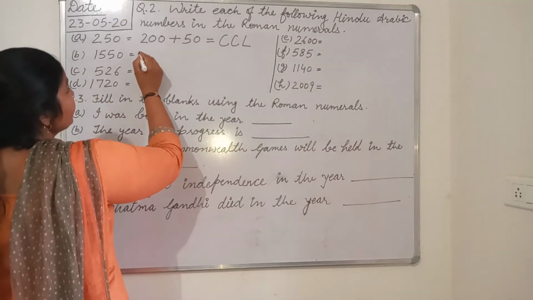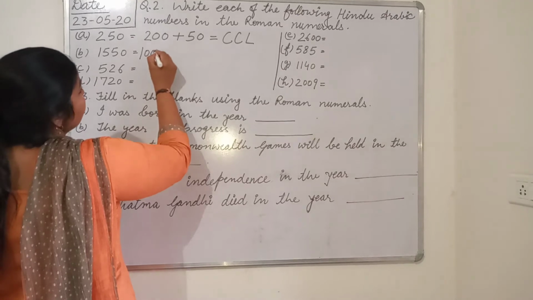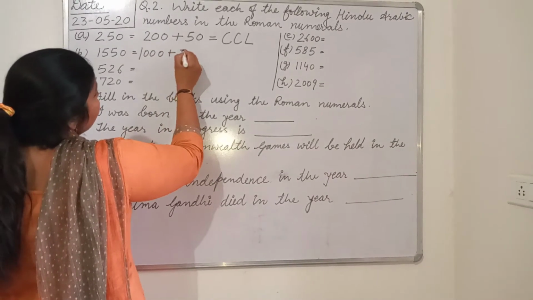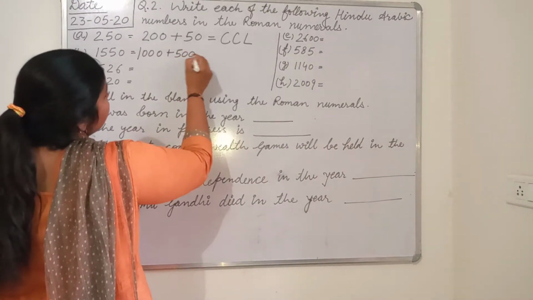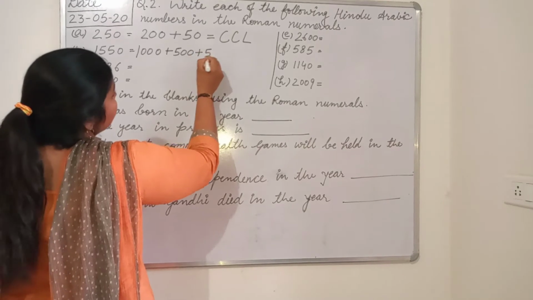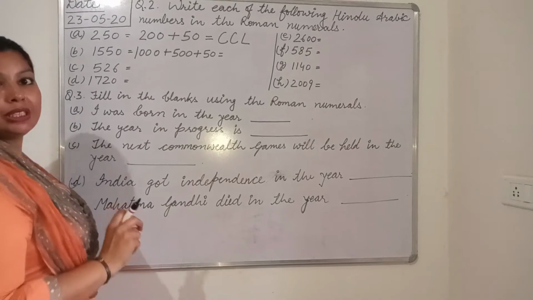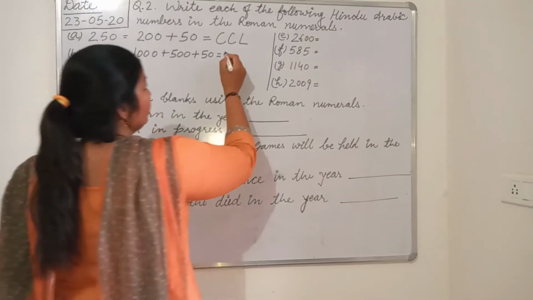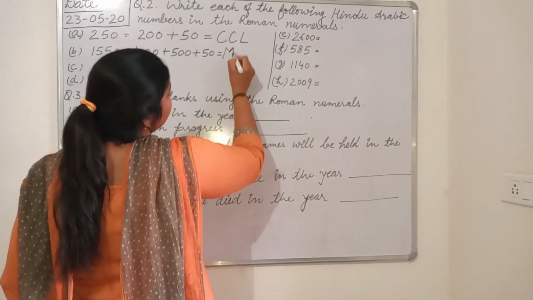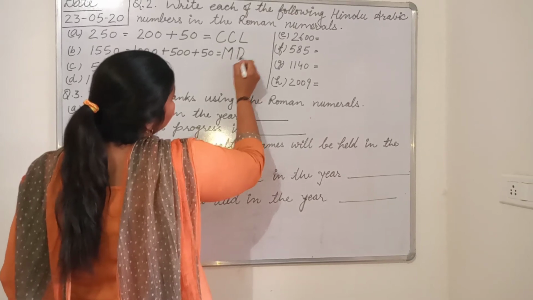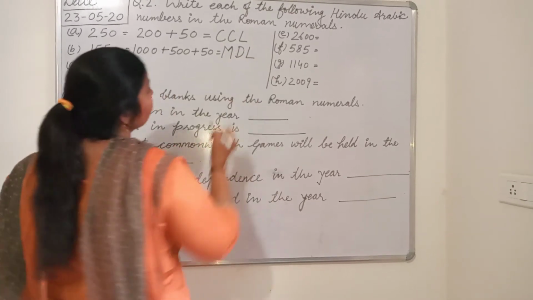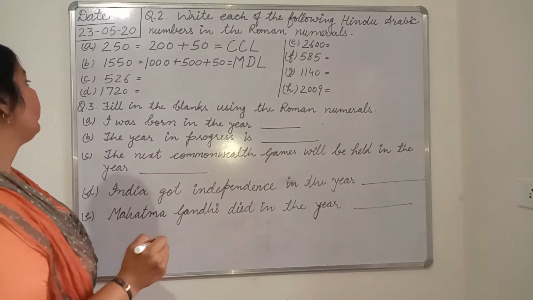Next is B part, 1550. So first we make its expanded form: 1000 plus 500 plus 50. Now we write it. What we use for 1000? M. For 500 D and for 50 L. So it becomes 1550.